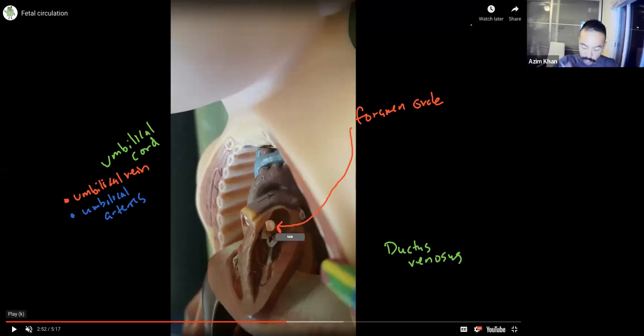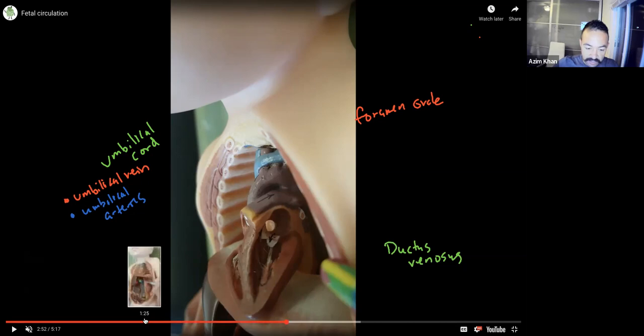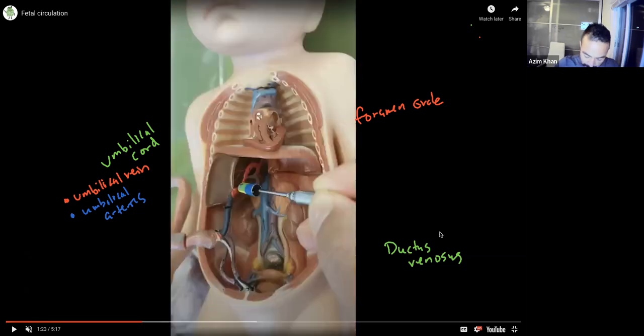We're looking at the left atrium, and we can see into the right atrium. And then ductus venosus is actually up here. This connection. Go back to this view. We point everything out again.